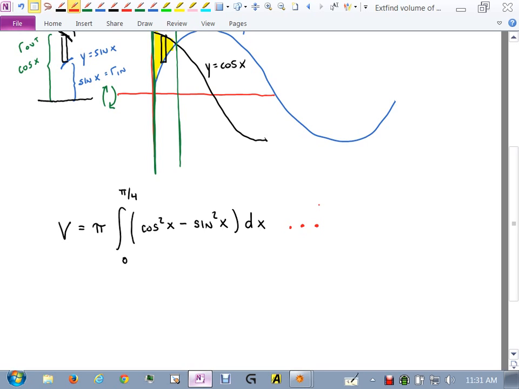Now, do we want to know what the answer is? Yeah, I'm sure we could. Would the answer ever be without pi? Not for a solid rotated around the x-axis. Using this method it would not.